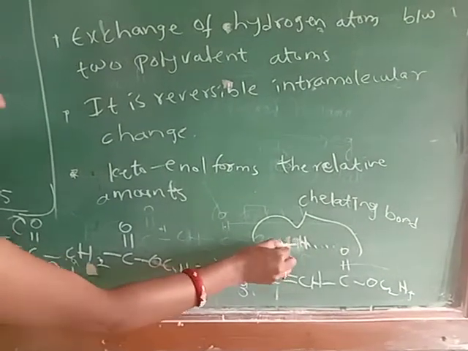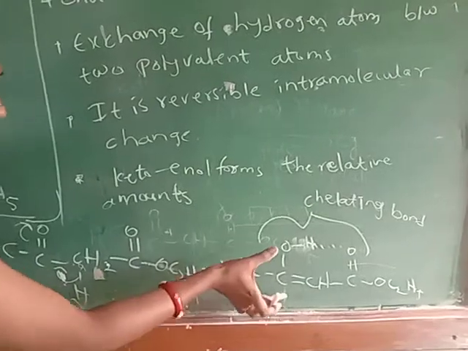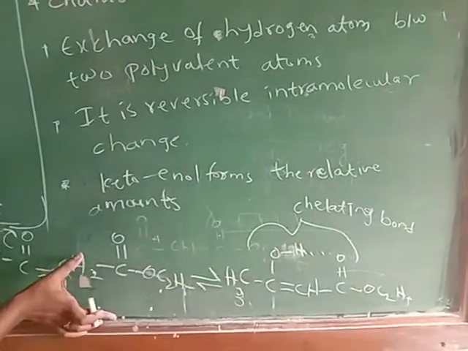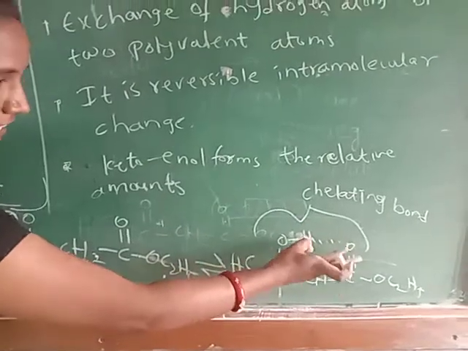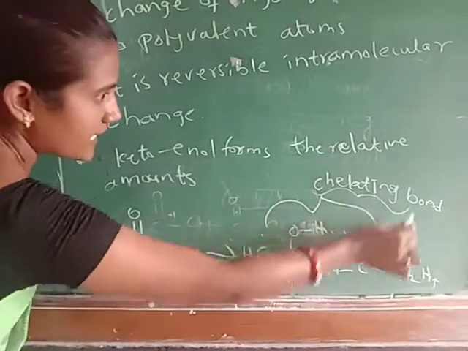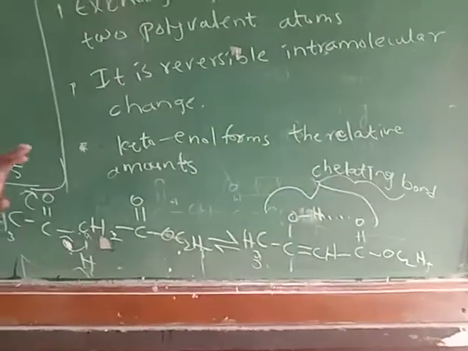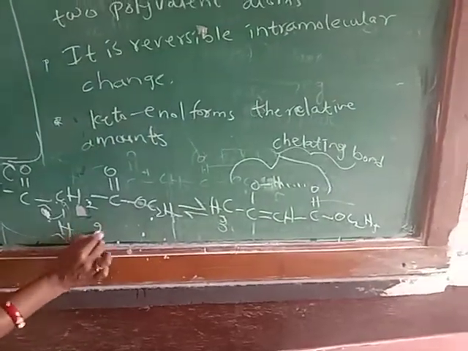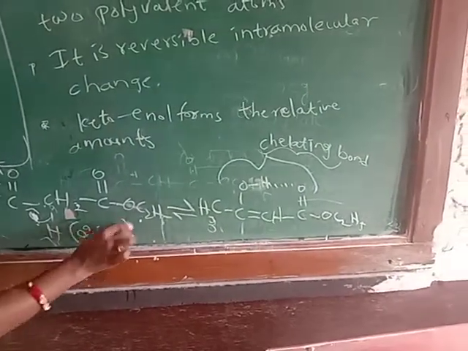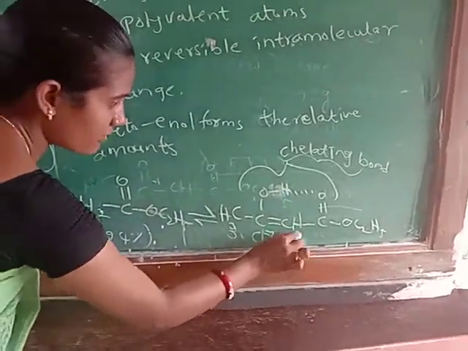The enol form is very stable compared to the keto form. Why? Because between hydrogen and oxygen an attraction force is present, which is known as a chelating bond. So the keto form is less stable than the enol form. The keto form is formed to only 20%, but the enol form is very stable and can form 76%.